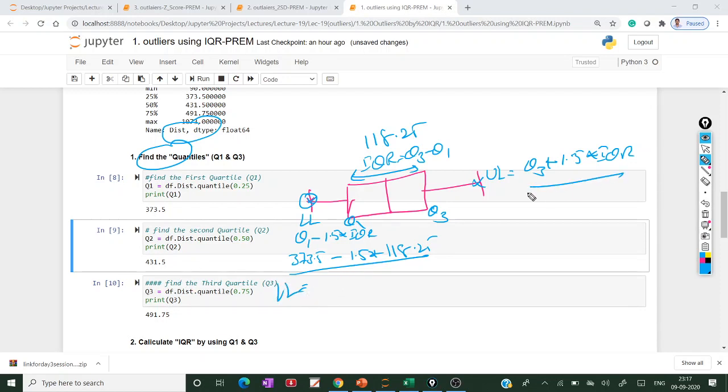Similarly, substituting the Q3 value 491.75 plus 1.5 into IQR, you will get the upper limit.